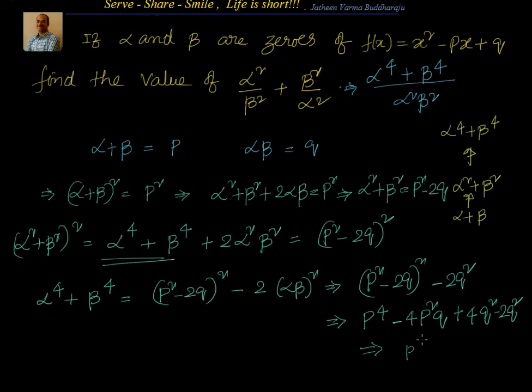This is equal to p power 4 minus 4p square q plus 2q square. This is alpha to the power of 4 plus beta to the power of 4.